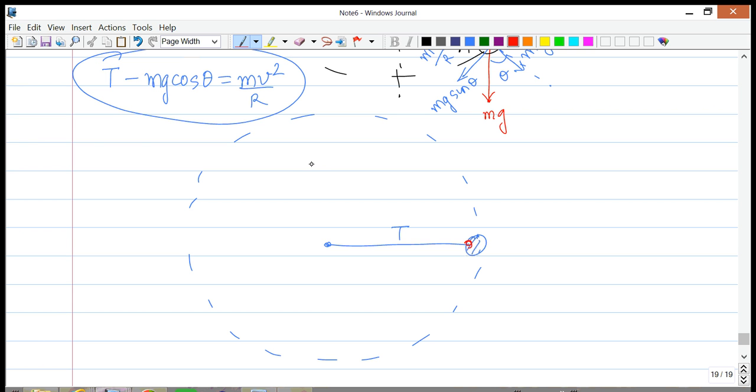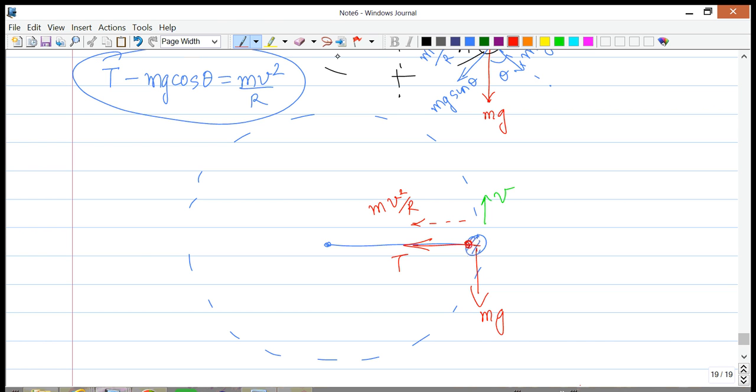If you were to draw a free body diagram, you would have T going to the left, mg pointing down, and a centripetal acceleration of mv square over r. Let's say it's moving at this point with some speed v. Let me use a different color so that you realize that it's not a force, it is just my speed at this point.